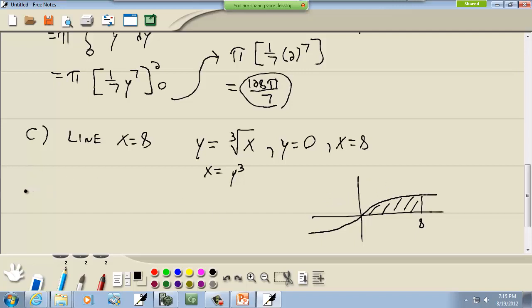So when we set this up, we got pi, and think of what these values would be. They're the same as what we did here, right? 0 to 2, our y values.